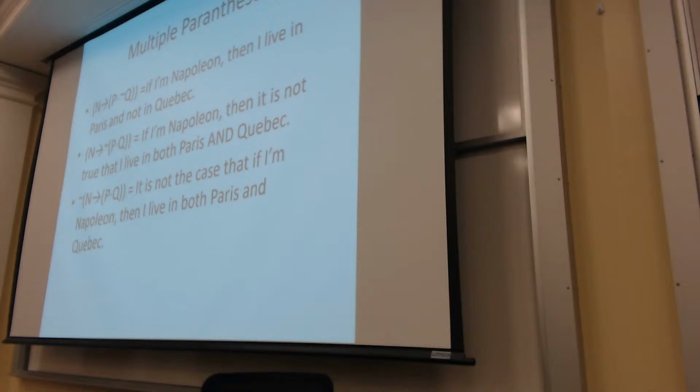So there are different scopes of negation. Again, this is intuitive to you if you're any good at math. Putting a negation outside the parentheses is different than if it's inside the parentheses. Very different. So determining the scope of the parentheses and the scope of any relevant negations is huge.